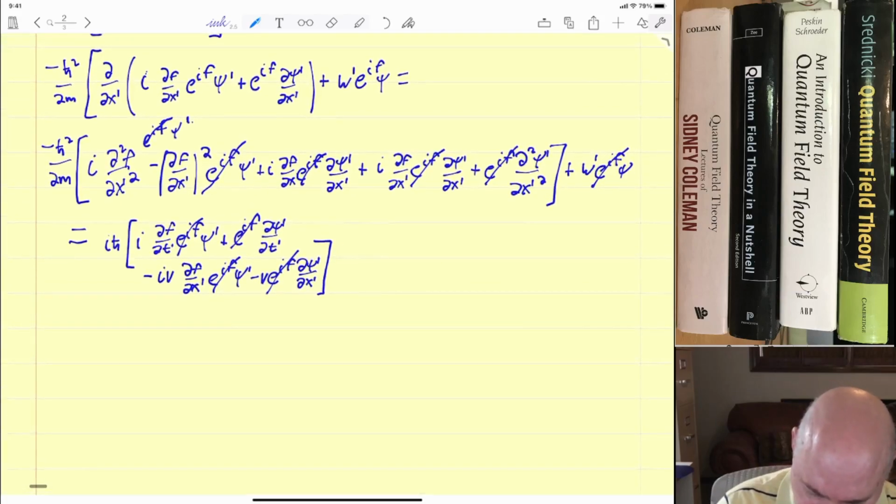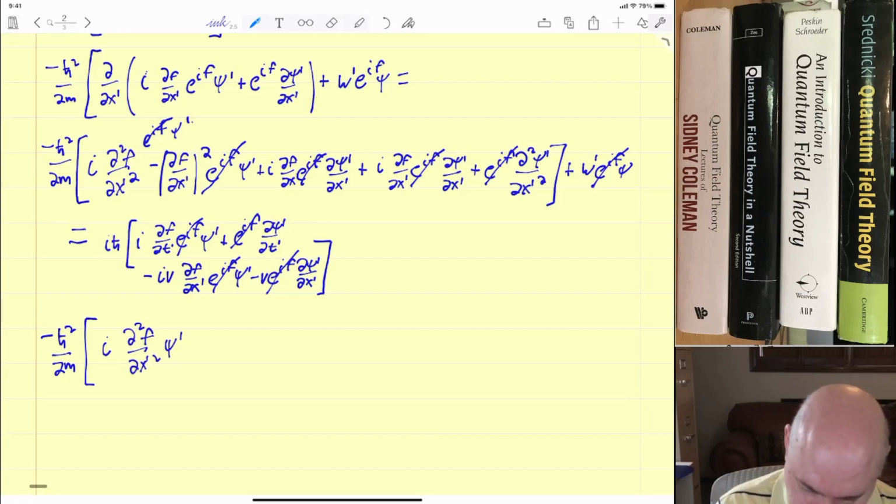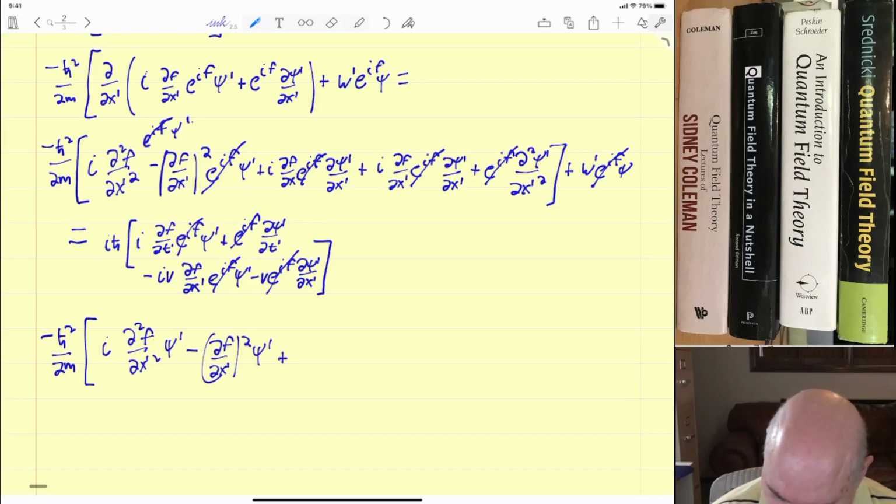Now, let's rewrite it. Minus h bar squared over 2m, i, second partial of f with respect to x prime squared, psi prime, minus the partial of f with respect to x prime squared, psi prime, plus, these two terms are the same, i partial f and psi prime, so it's plus 2i, the partial of f with respect to x prime, the partial of psi prime with respect to x prime.